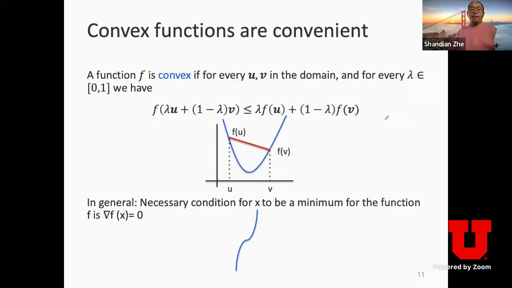In general, if your function is differentiable, and we want to find out whether we can claim that x is the minimum of the function, and this minimum does not necessarily have to be a global minimum, for an arbitrary minimum of that function, we can conclude that the gradient of the function at this position must be 0.